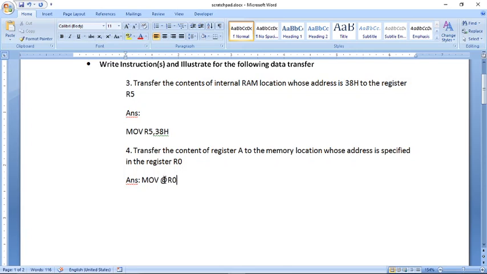This symbol indicates that R0 holds an address, not the data, the address of a particular memory location where data is to be copied. So this becomes our destination. And the source is register A, from where we transfer the data. So my instruction will be MOV @R0, A. This is how we write instructions for such operations. Thank you.